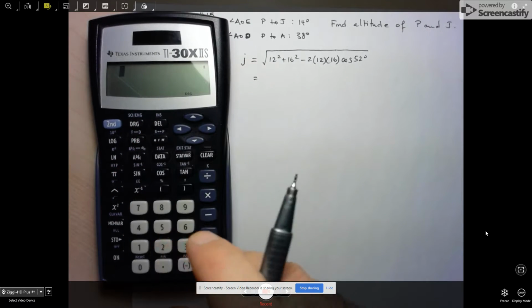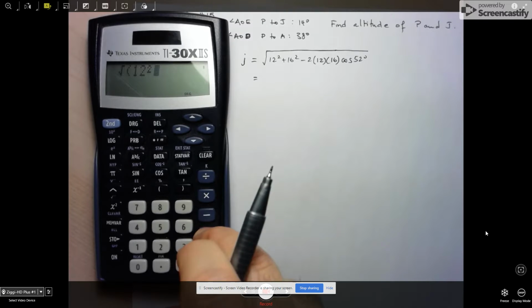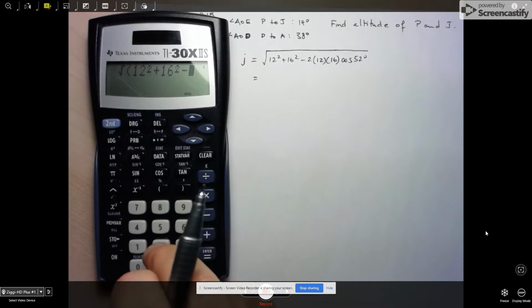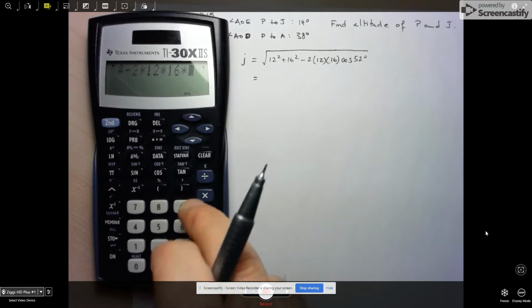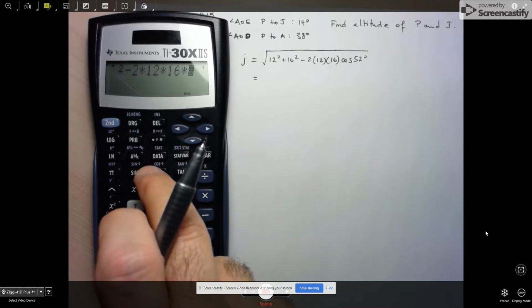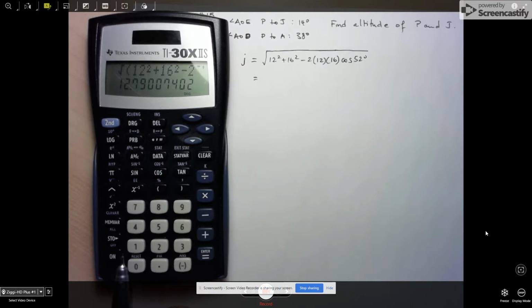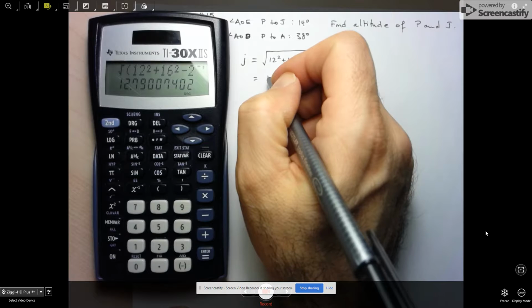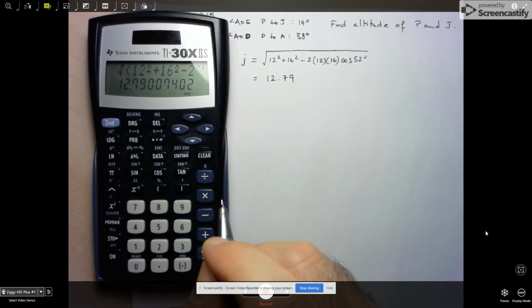So let's calculate that here: the square root of 12 squared plus 16 squared minus 2 times 12 times 16 times cos of 52. We end up with 12.8, or 12.79 if we keep 2 decimal places.